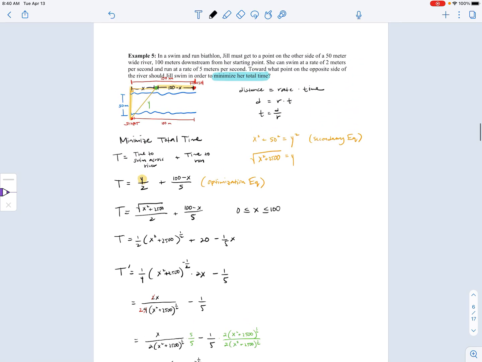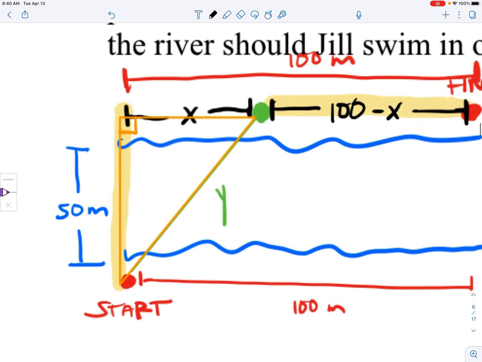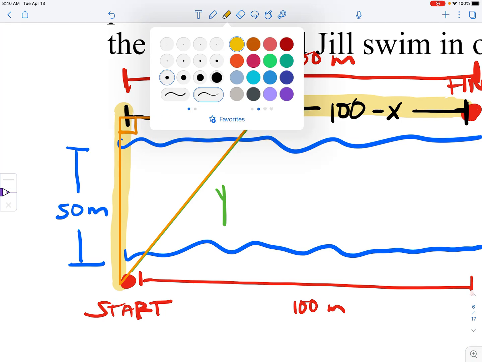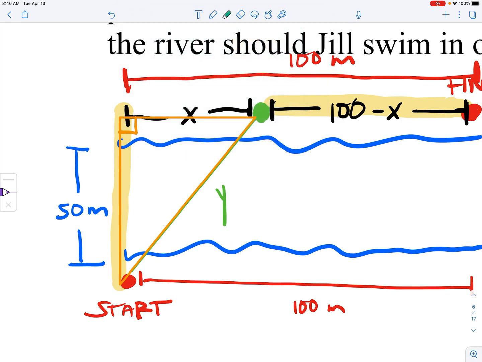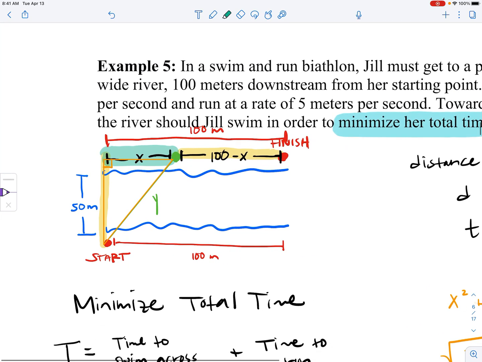So in the picture, that means that x, in green I'm going to highlight it, this distance here is just under 22 meters. So she needs to swim approximately 22 meters downstream in order to minimize her time.